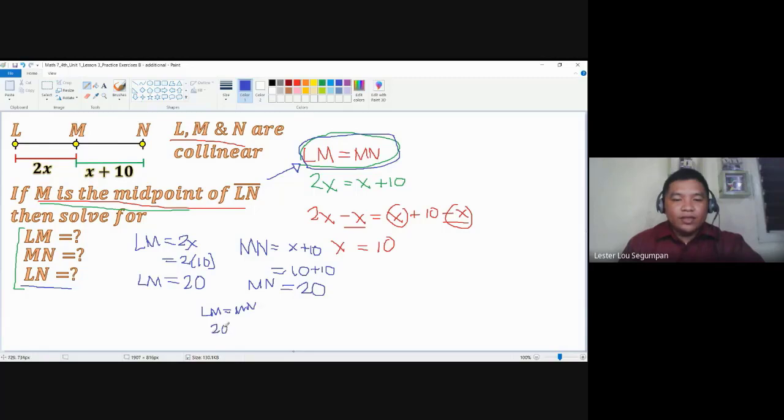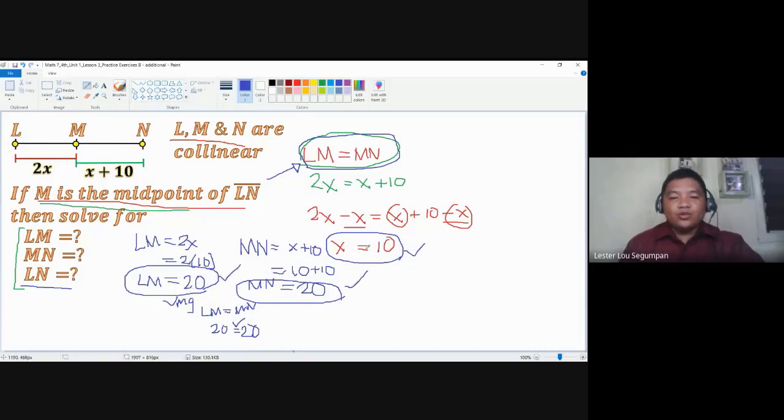You have 20 equal to 20. This is also already checking. It satisfies the equation. That would mean that the values for length of LM and MN together with the value of x which was used to solve for both are correct, and they are acceptable.